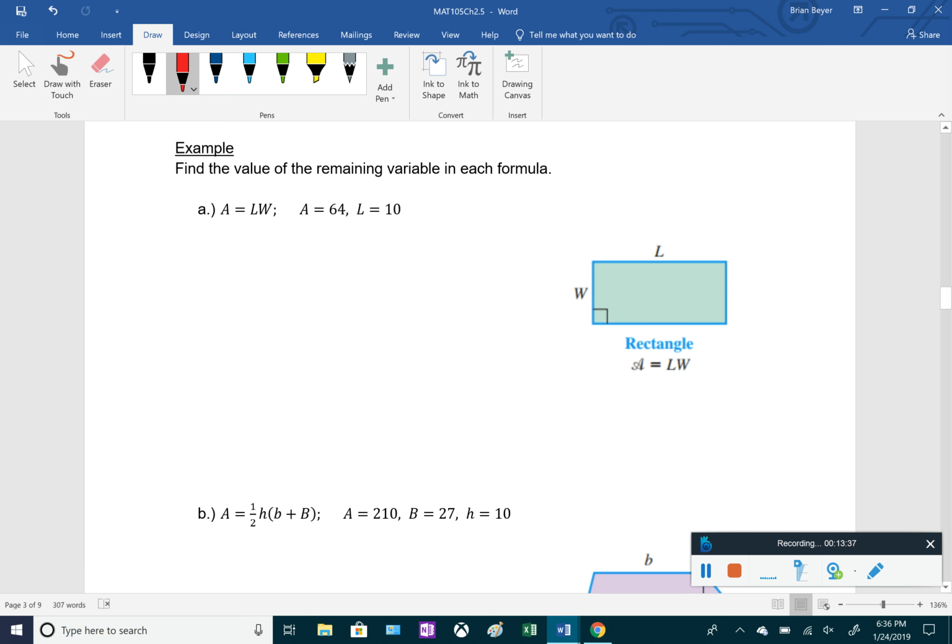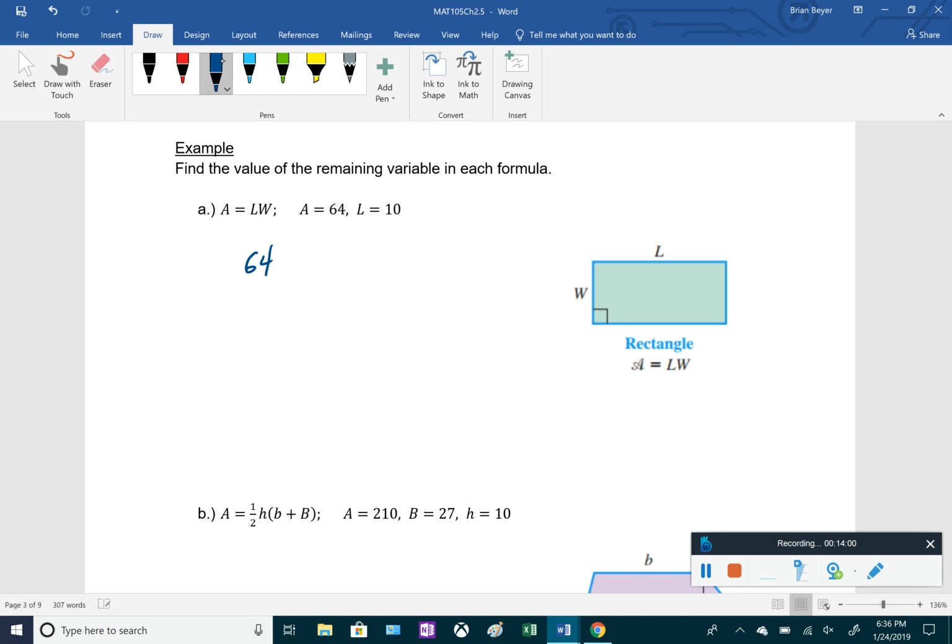Okay, so for this first example, let's find the value of the remaining variable in each formula. So we have A equals L times W. This is going to be the area of a rectangle. Area equals length times width. We're given the area, A is 64, and then we're given the length is 10. So let's plug those in.